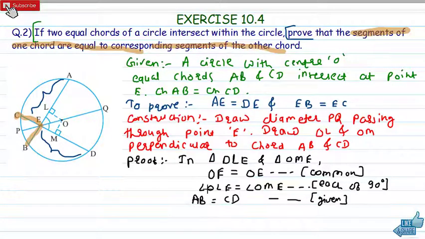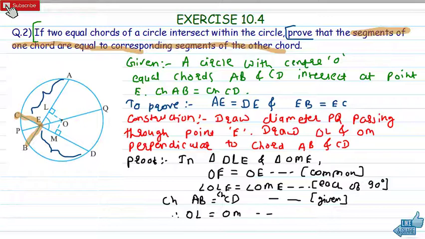But we don't want chord AB and chord CD. We want the perpendicular distance. Therefore, equal chords are equidistant from the center of a circle. It means, therefore, OL is equal to OM.